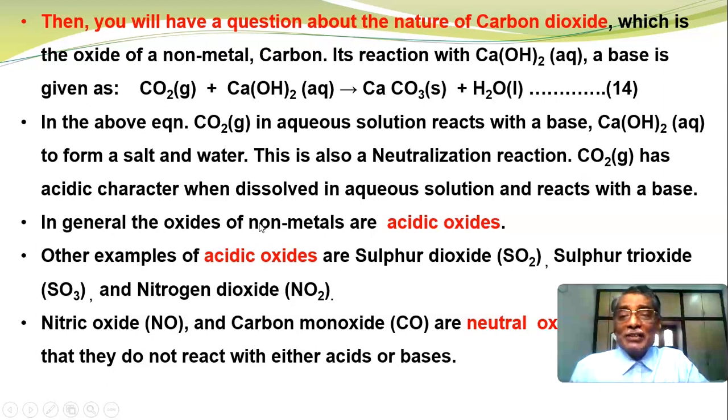In general, the oxides of non-metals are acidic oxides. Other examples of acidic oxides are sulfur dioxide, SO2, sulfur trioxide, SO3, and nitrogen dioxide, NO2.